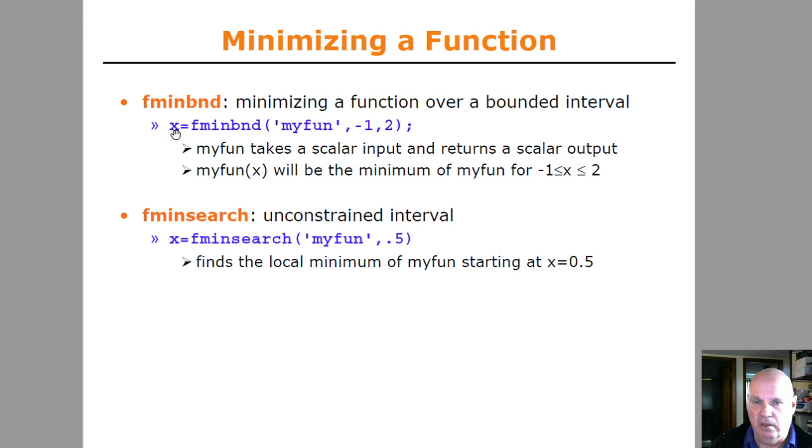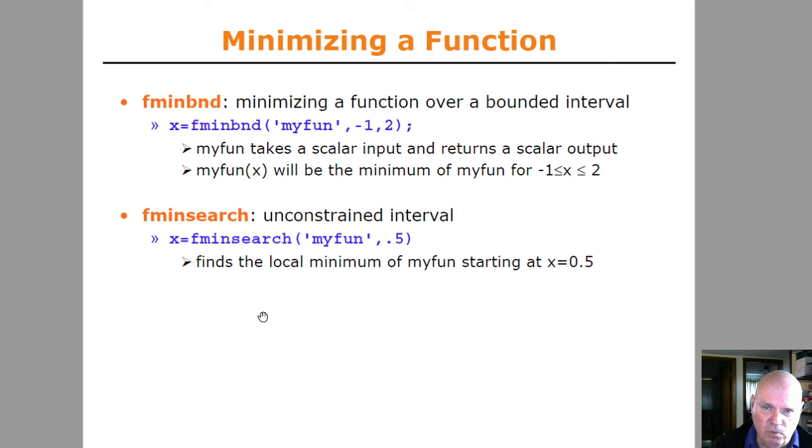It'll find where the minimum of that particular function is in that range. Again, you can either enclose the function name in quotes, or use the @ notation. Or with fminsearch, you give it an initial guess, and it'll look for a minimum close to that point. Again, it may not return all minima in the function. That's going to be dependent on the starting guess.